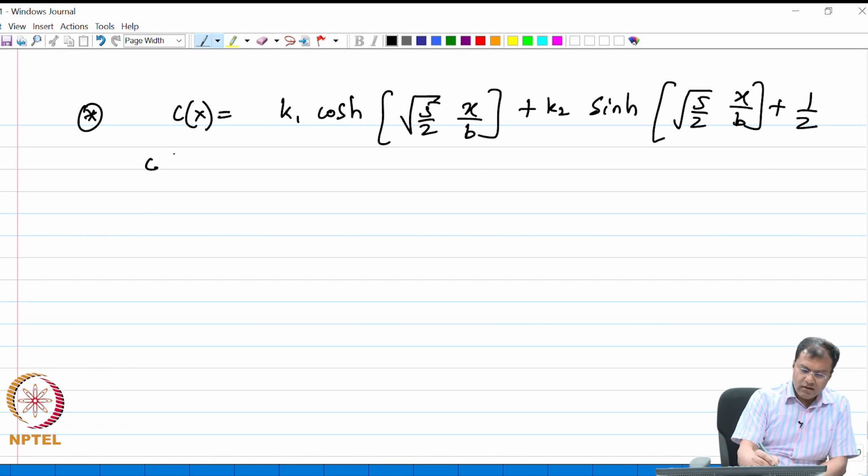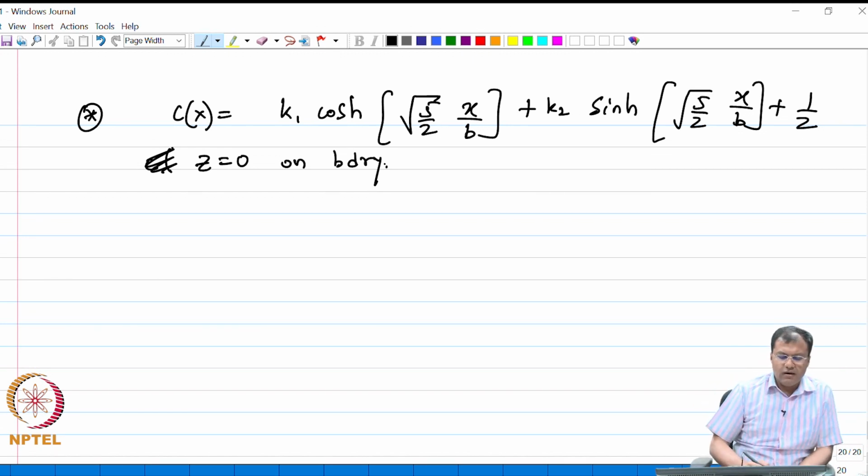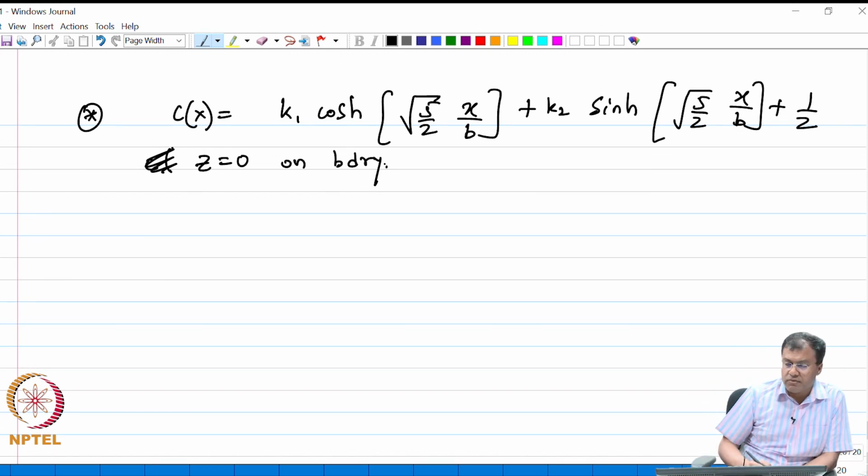c of x, we also know that z is 0 on the boundary, right. So, z is definitely, the solution is definitely even with respect to y.